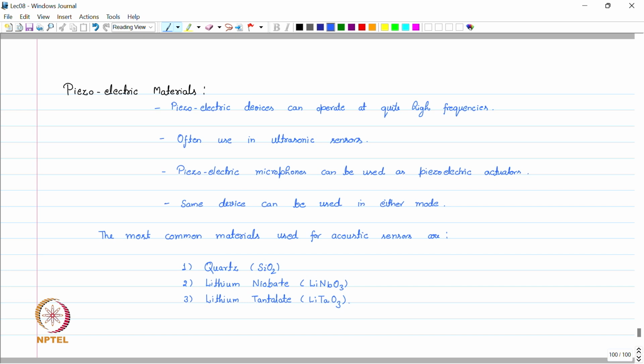So, these are a few materials which we can use as a piezoelectric material to fabricate an acoustic sensor.